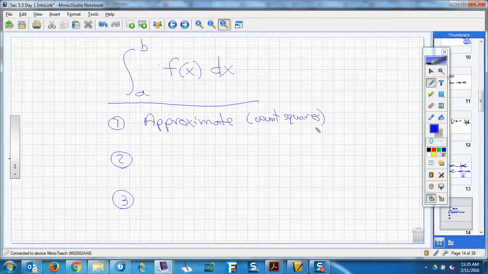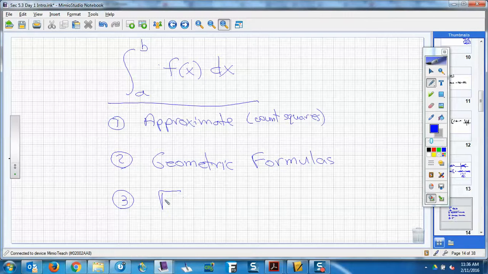So one way would be to just approximate the area. Another way would be geometric formulas, right? If our function was just a line or some sort of piecewise that gave us trapezoids and triangles, we could just use geometric formulas. The first one's not great because it's not exact. The second one is not great because those are pretty limited situations.